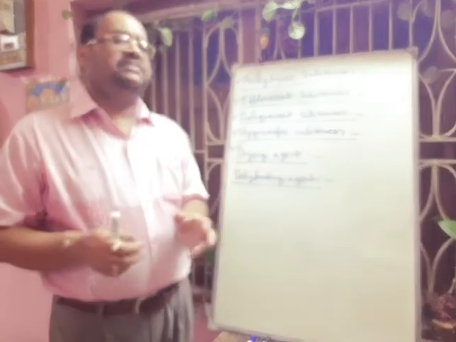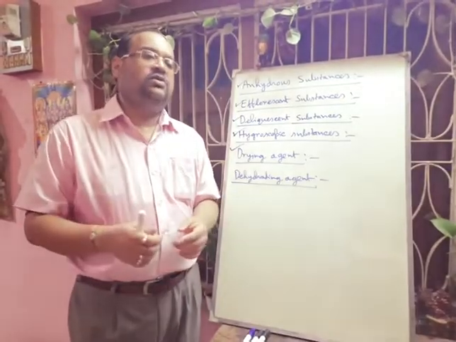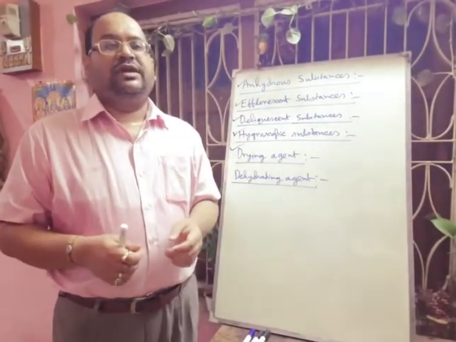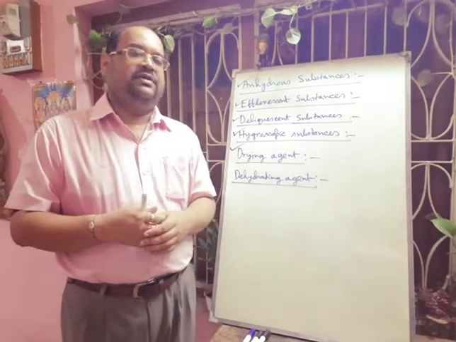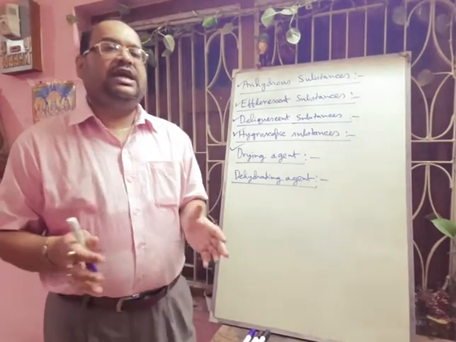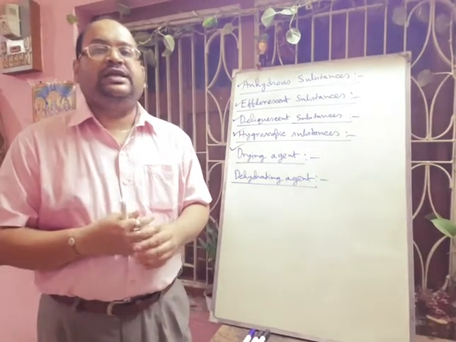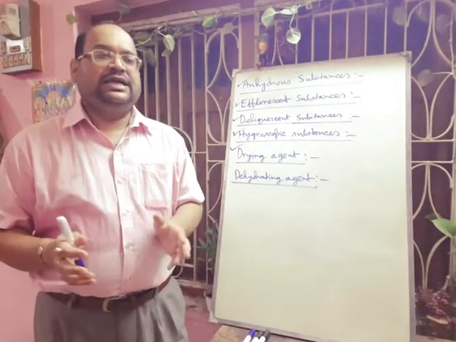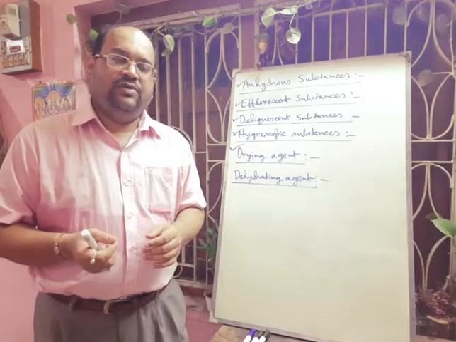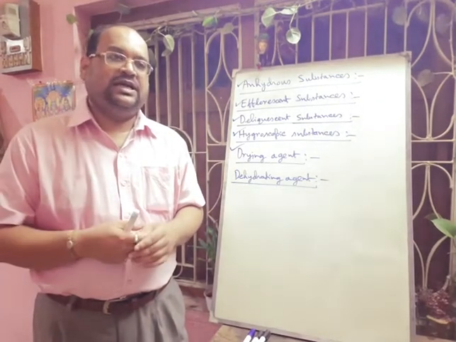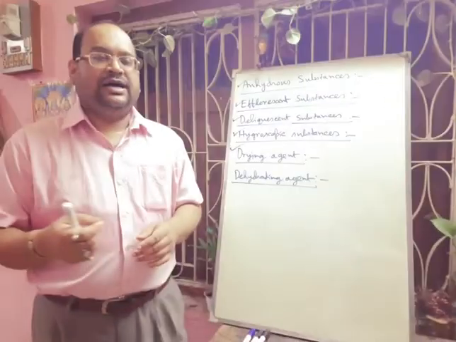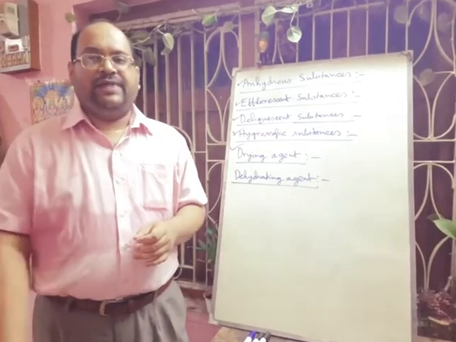And sometimes some chemicals, as I just told, ferric chloride, ferrous sulfate, these things we can preserve in a desiccator. Here also one option is there, we can take the air inside out by using a vacuum.